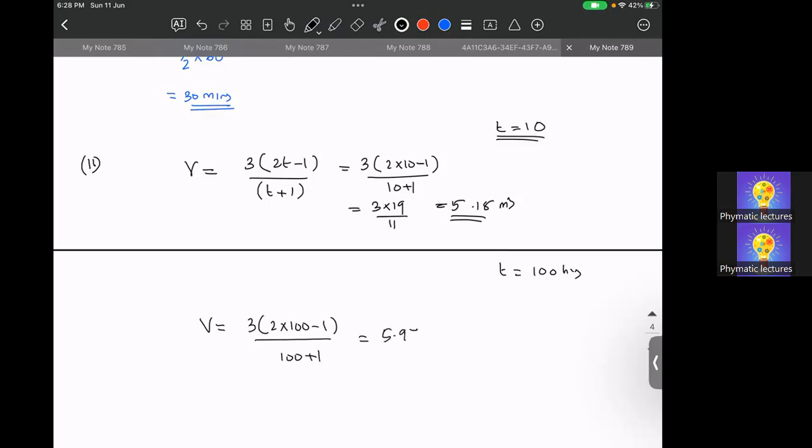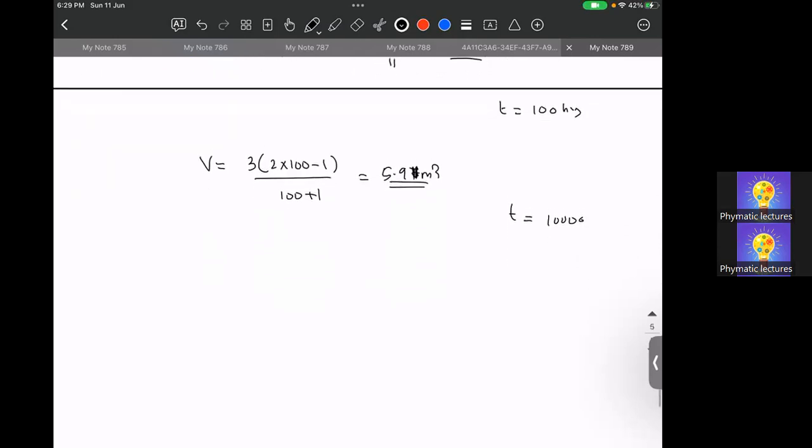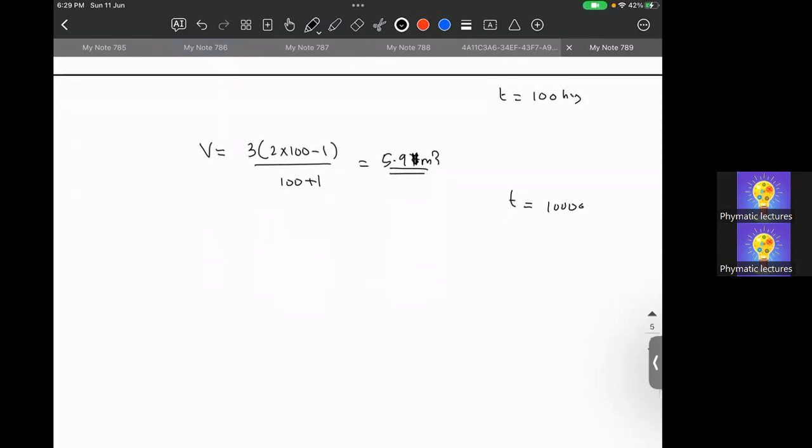It will reach 5.97 meter cube. Then whatever the value of t, like 1000 or 10,000, the volume will be less than or equal to 6 meter cube, because the maximum limit is 6.